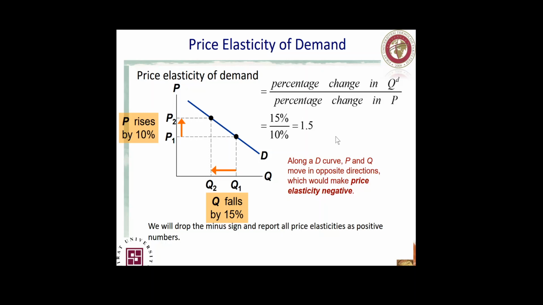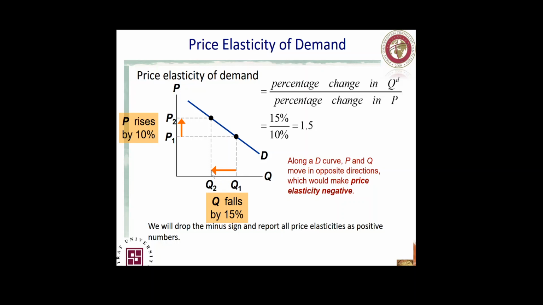Okay? So as I said, the idea of negative or positive elasticity actually doesn't mean much. You just need to look at the direction, whether it is a fall in the quantity demanded or a rise in the quantity demanded. So we don't care about the sign here. It represents the movement along the quantity.